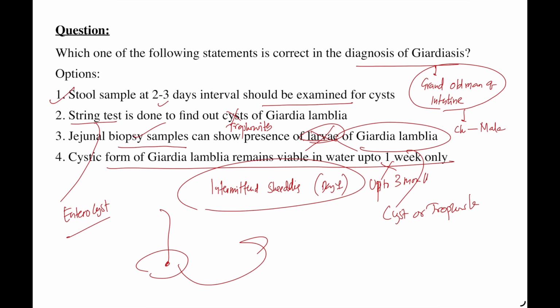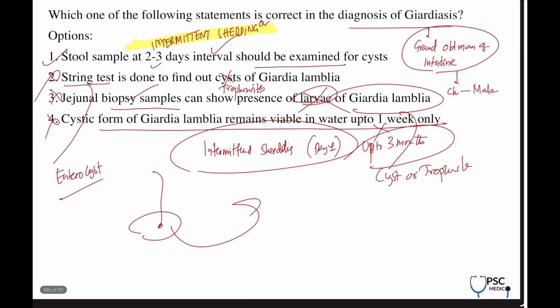That's why it is a waterborne disease. So this is also wrong. So the correct answer is concept. If you know the concept of intermittent shedding, you can answer this question. Golden word.